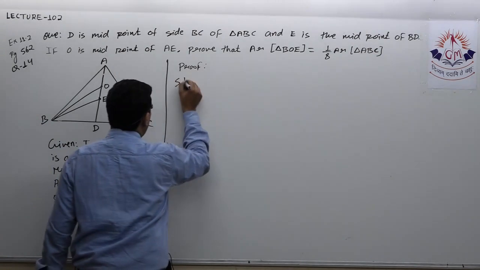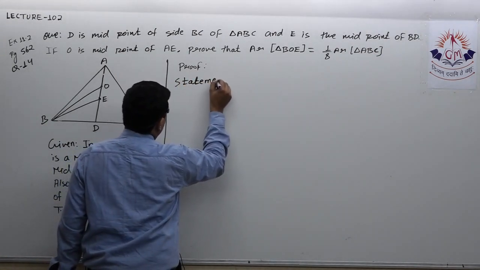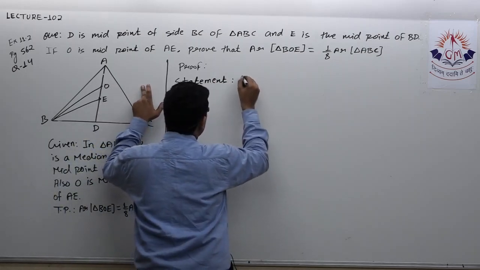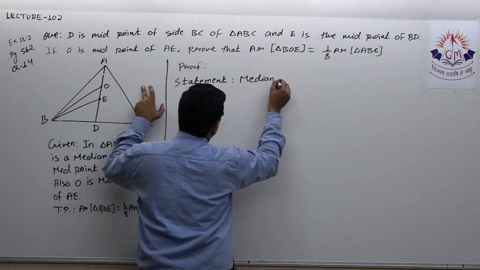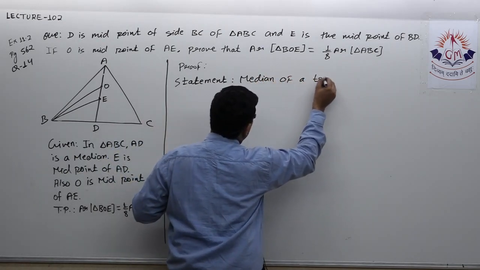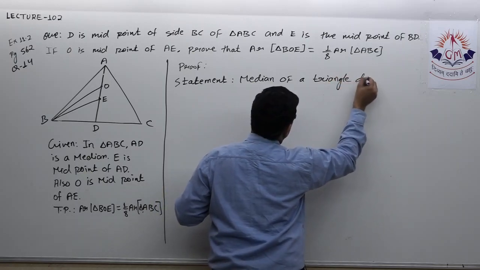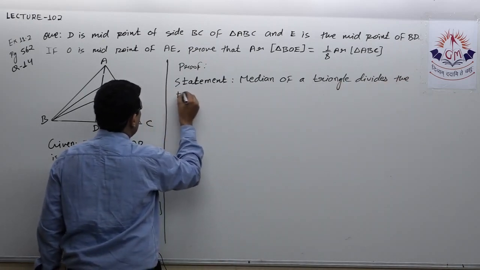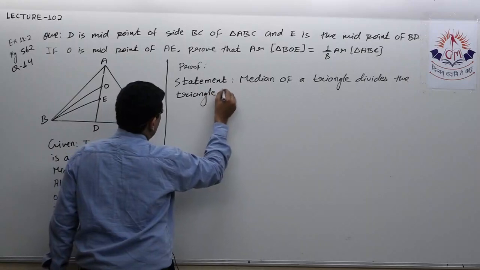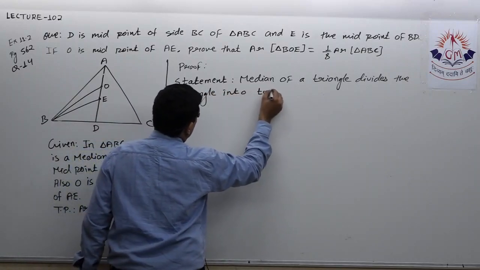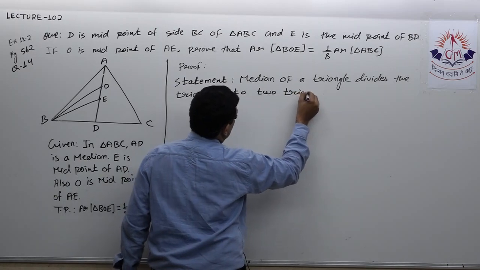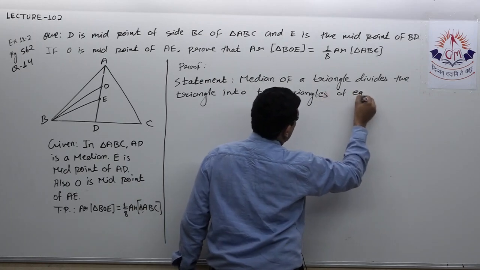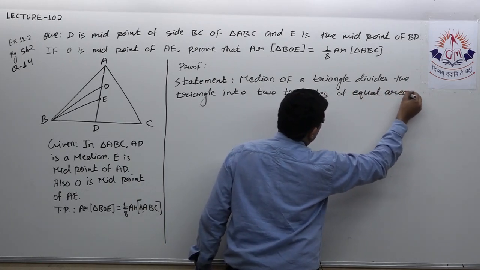So here I am stating it first, so that every time I need it, I can refer to it. The statement that I am going to use is: a median of a triangle divides the triangle into two triangles of equal area.